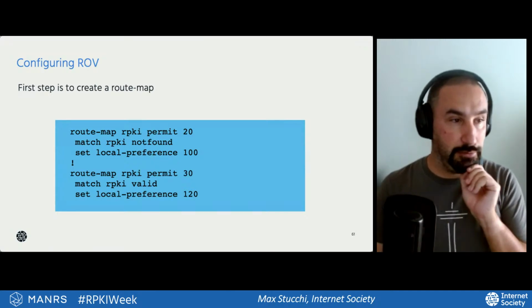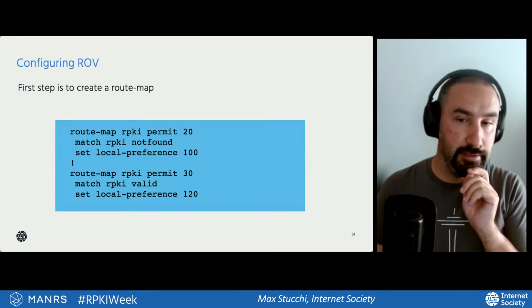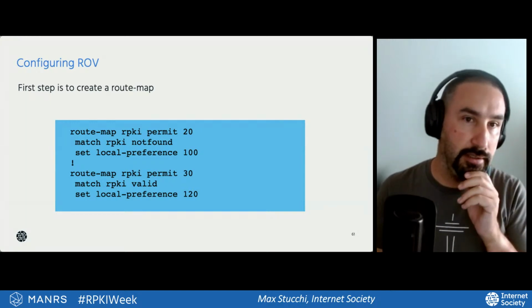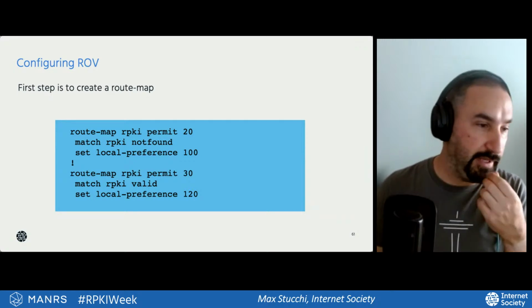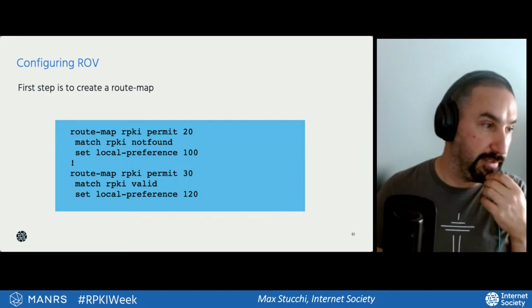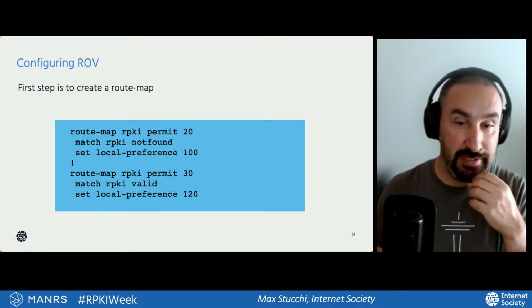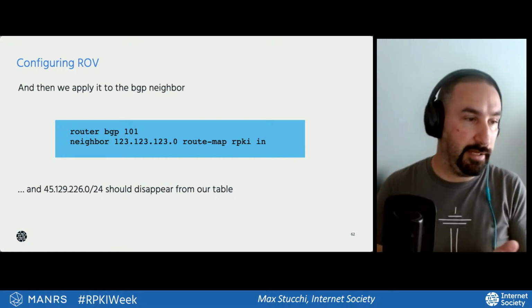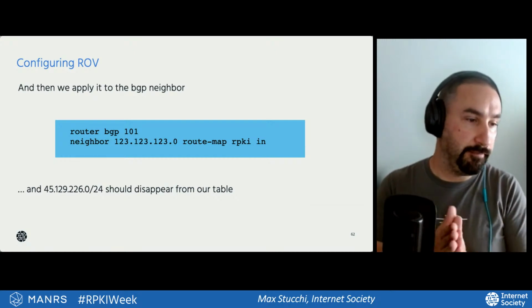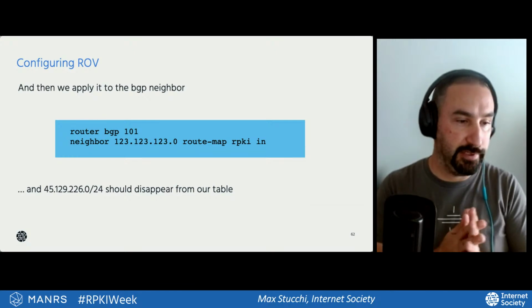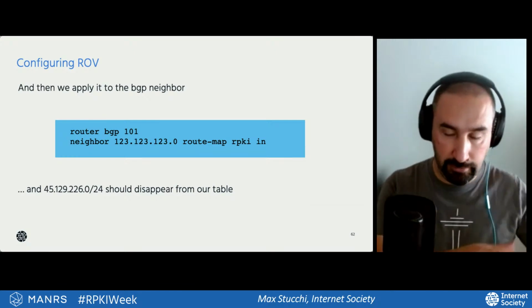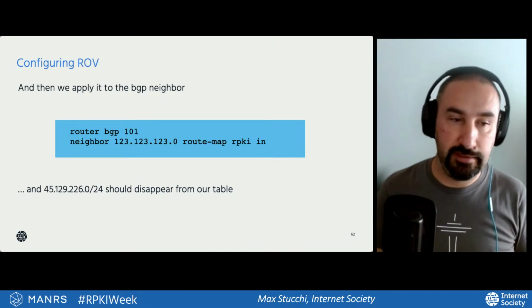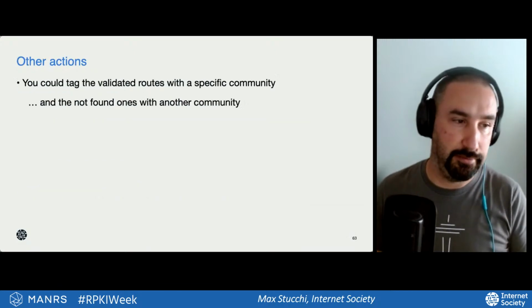Then we created the route map with 2 matches, one for the not found, the unknown ROA state, and then the ones where the RPKI state is valid. We don't match the invalids, we just drop them. Then we applied the route map to the neighbor, and with this, the /24 has disappeared along with other networks from our table. So we're filtering invalids. Our network should be safer now.